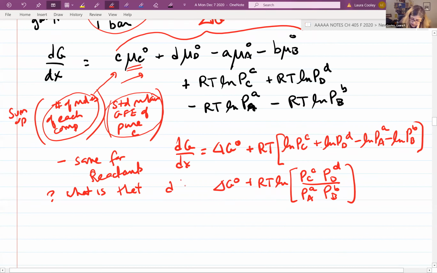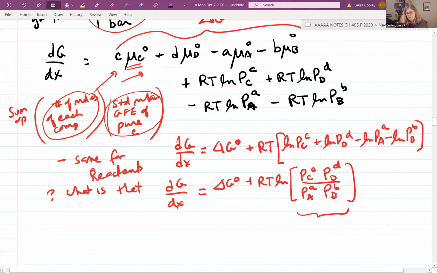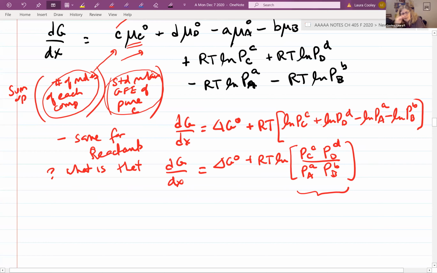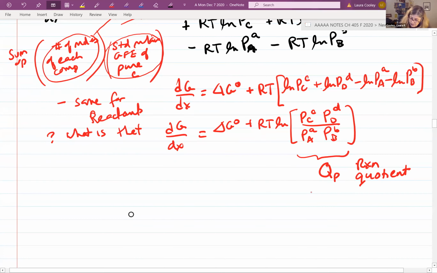And that should look pretty familiar to you because this is what we teach you. It's the equilibrium constant. It's not in Gen Chem, but it's not really the equilibrium constant yet. This is Q, the reaction quotient. This is not constant yet. It can be anything. We can calculate this at any point in the reaction.